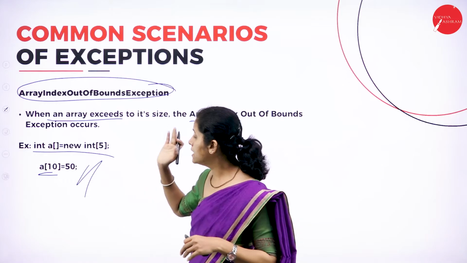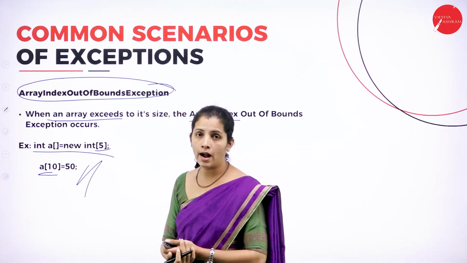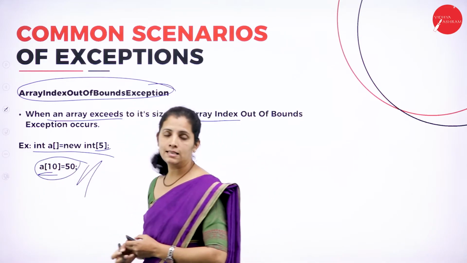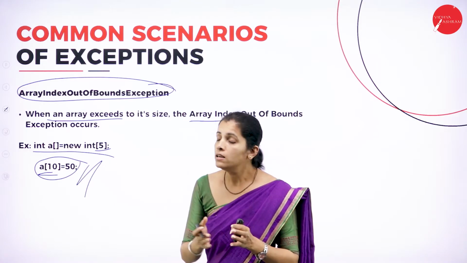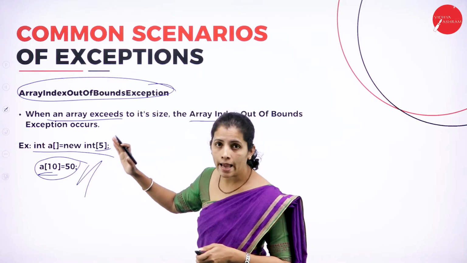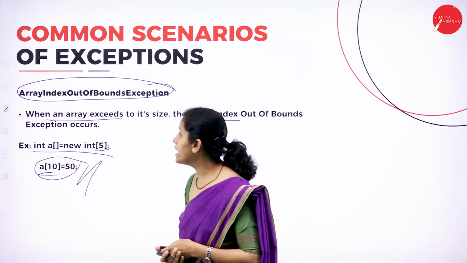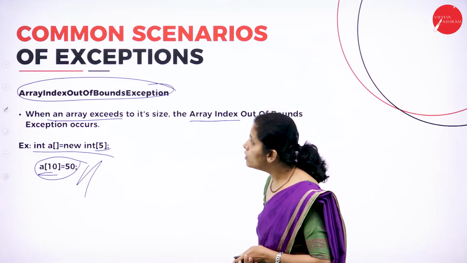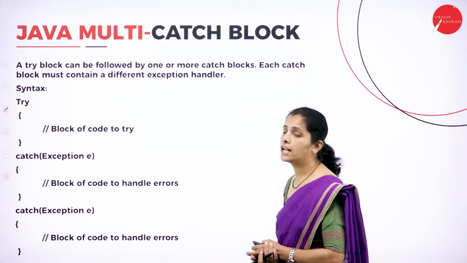Here, if I consider this example, the size of the array is 5, but I'm trying to get the 10th element, then this generates an error. And what kind of error? It is array index out of bound exception.